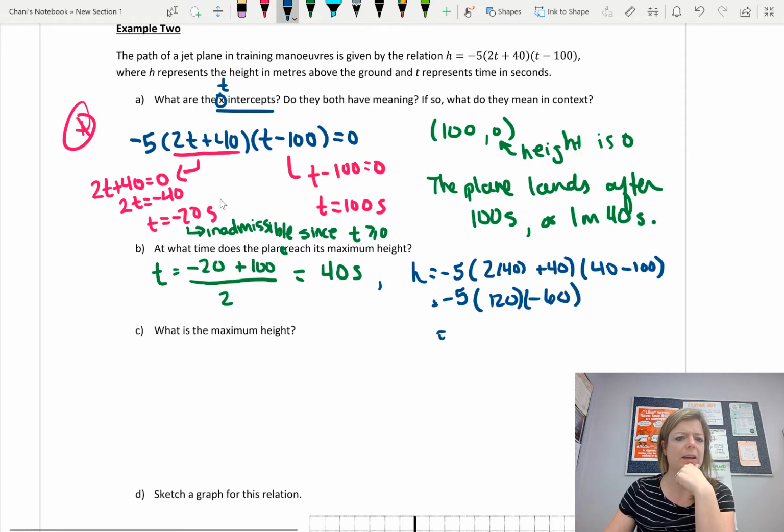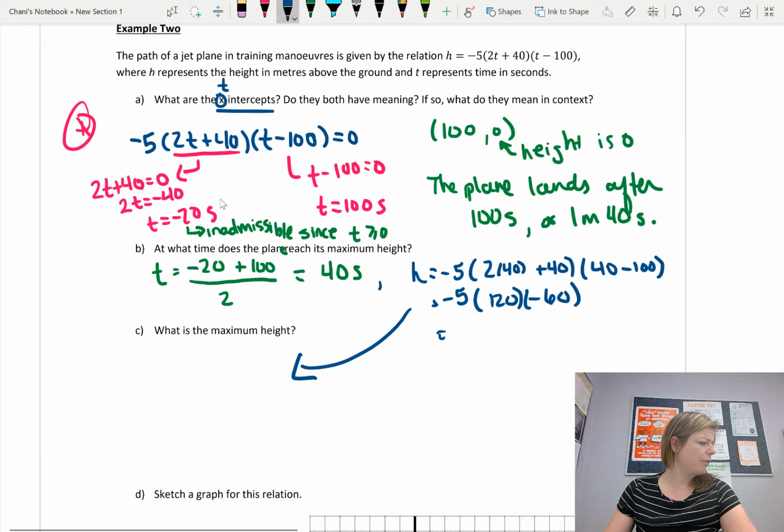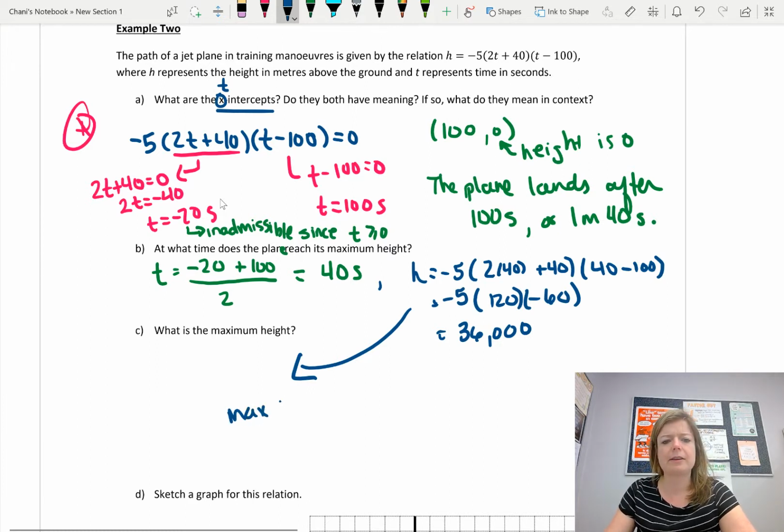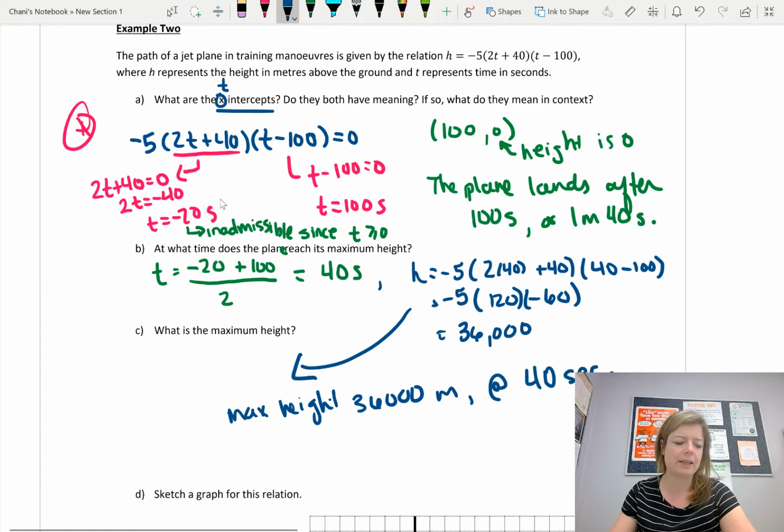So when you multiply that through, you get 36,000 meters. So therefore, we can say the max height is 36,000 meters and it happens at 40 seconds into the flight.